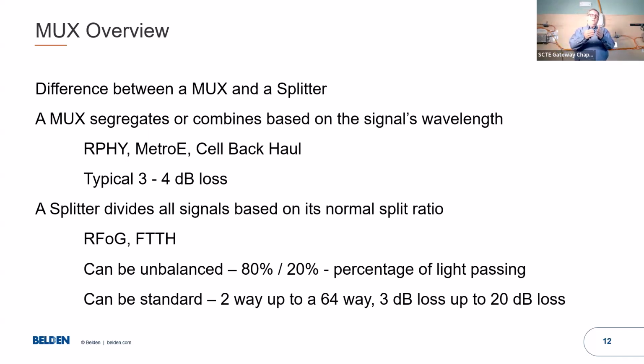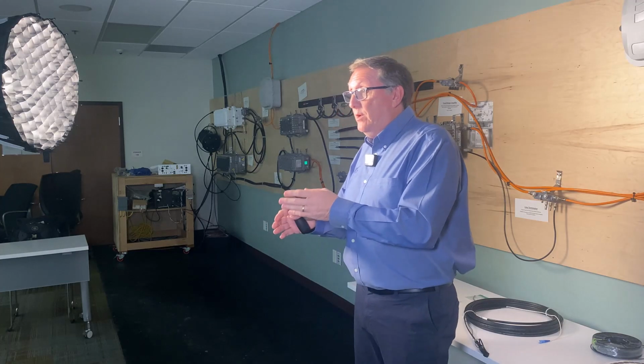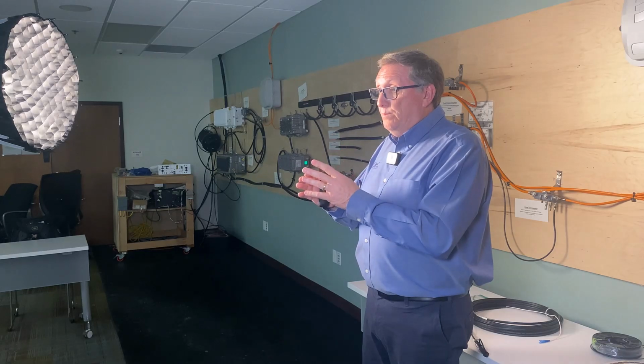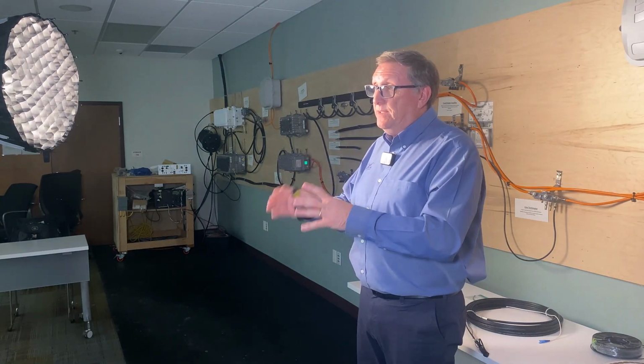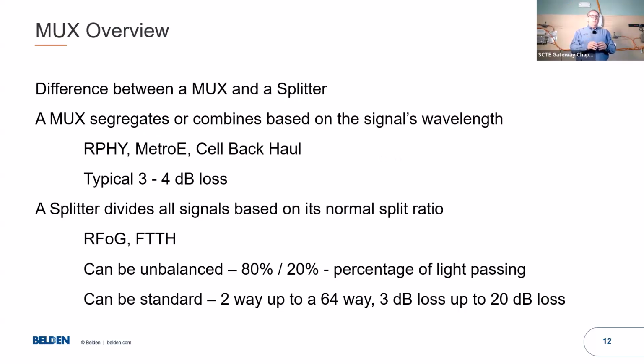And all those different wavelengths go back onto one common fiber, right? So a splitter, everybody gets the same. A mux, everybody has different. Light levels are actually going to be a little bit different, about levels to be aware of. So please try to pay attention to the type of system you're working on so that you know if it's a splitter or a mux.